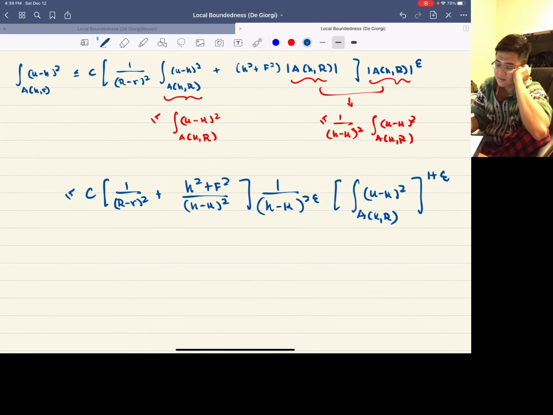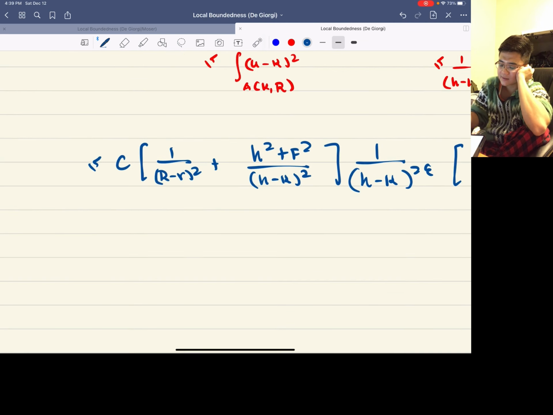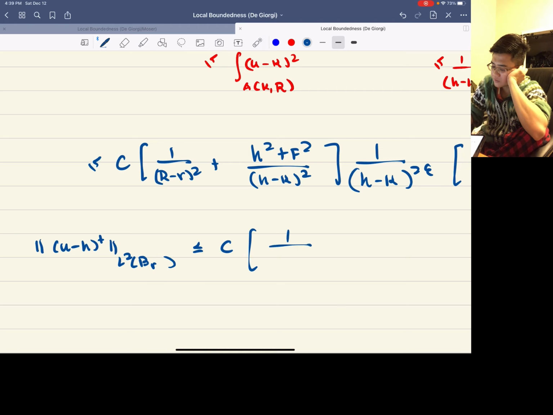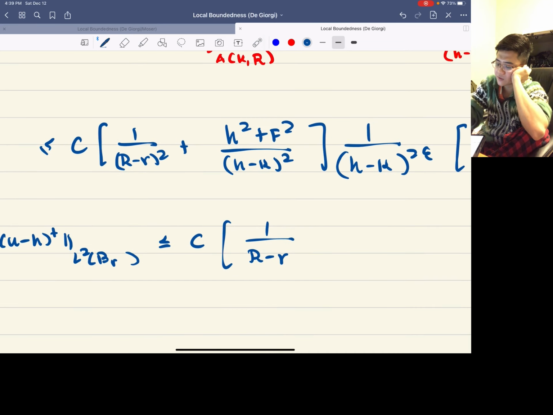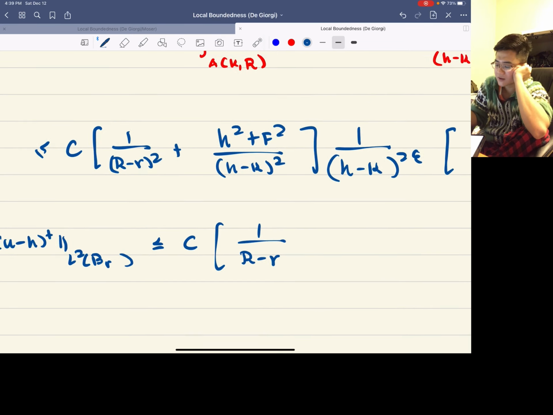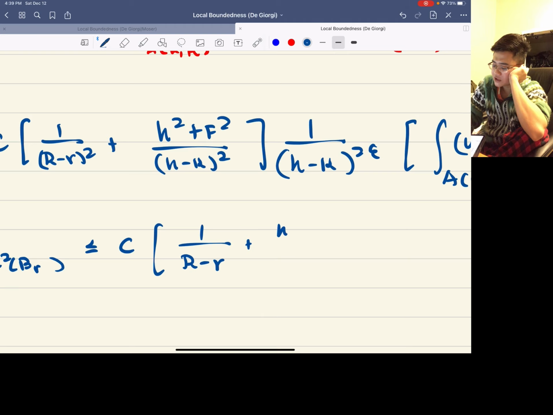So taking square roots, we get the L2 norm of (u minus h) positive part on B little r less than or equal to some constant, 1 over (R minus r), plus (h plus f) over (h minus k). So this is some kind of an analysis cheat.